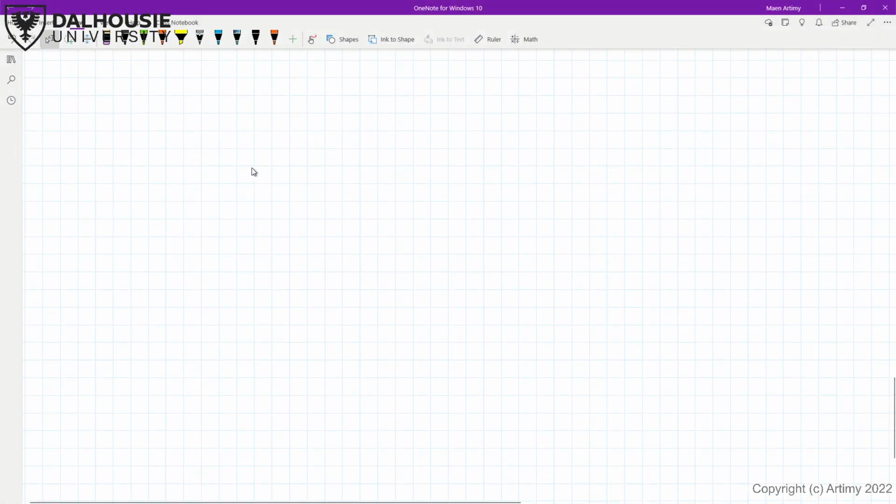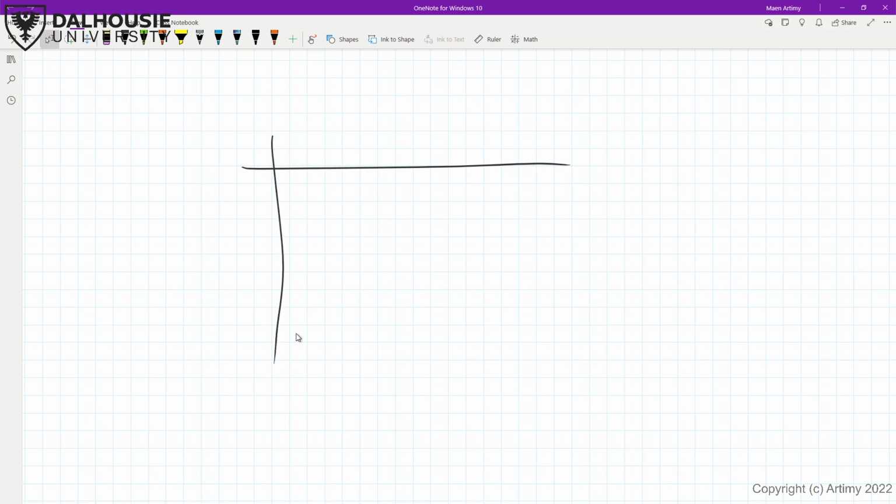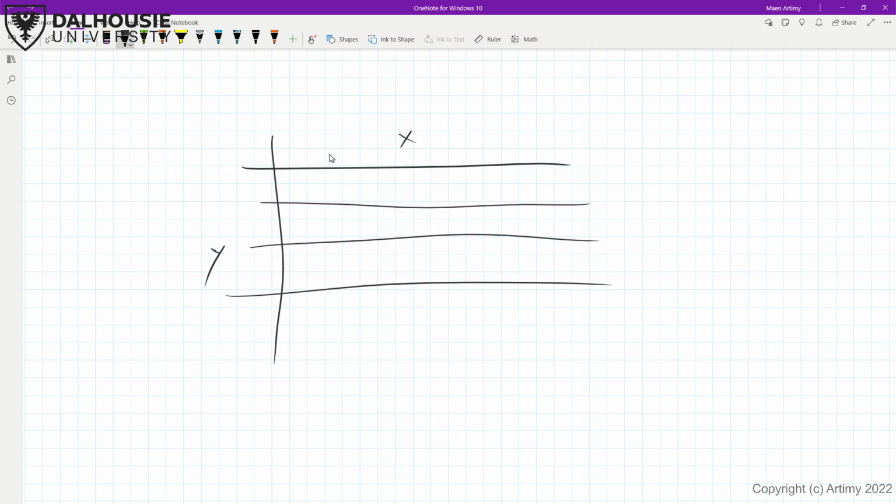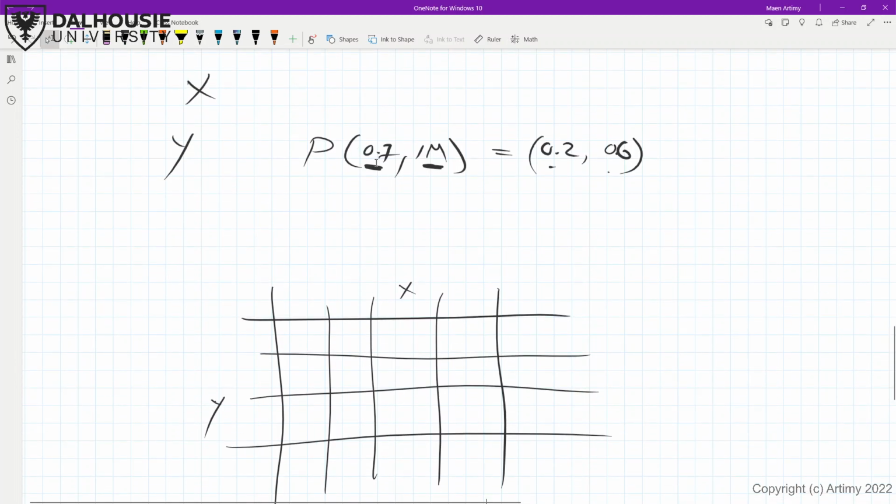Let's say I'm representing these two random variables, x and y, as a table with x being the rows and y being the columns, and I'm giving each one of them certain values. They don't have to be the same range, by the way. As we saw earlier, the CPU load can be any number from 0 to 1, that's the load, or 0 to 100% if you want to think this way.